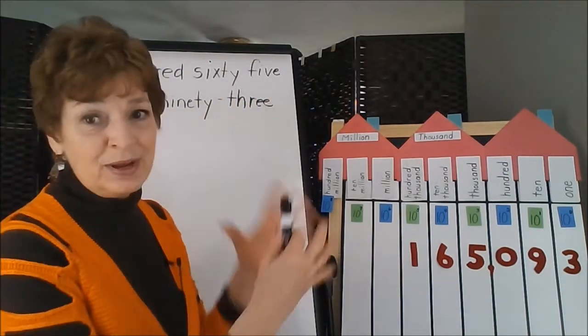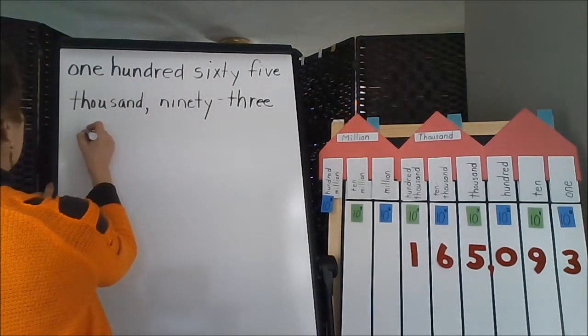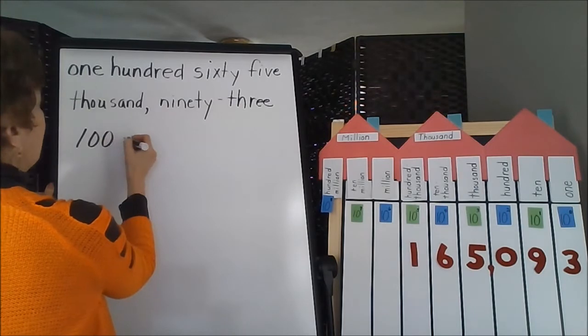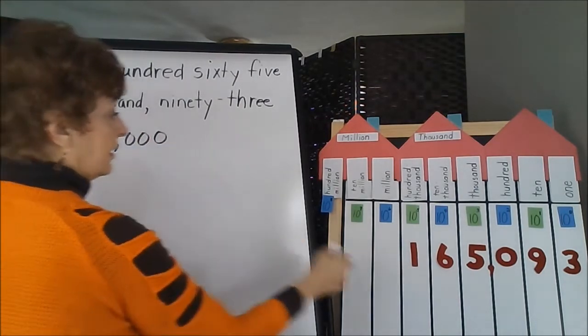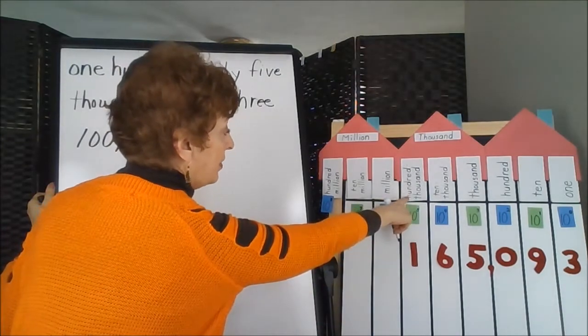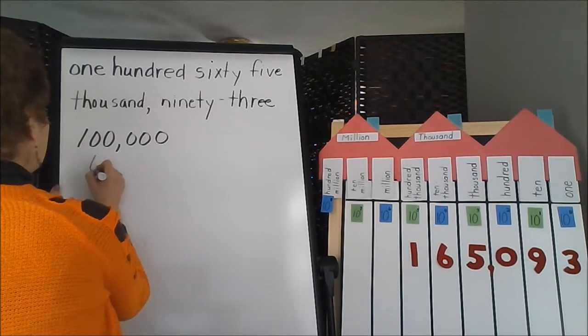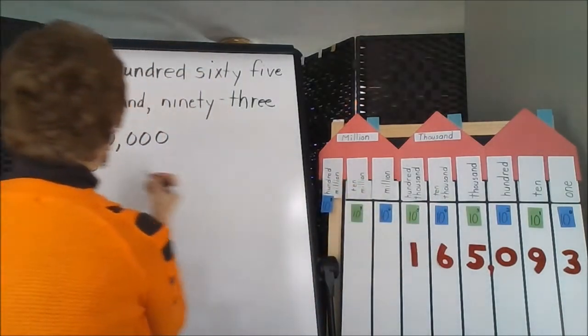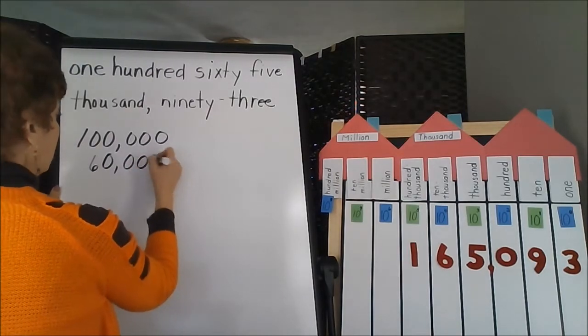If we were going to expand this number, we would have 100,000 because the 1 is in the 100,000s column. The 6 is in the 10,000s place, so that would be 60,000.